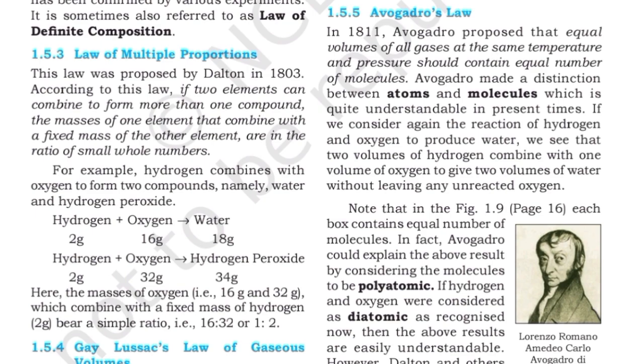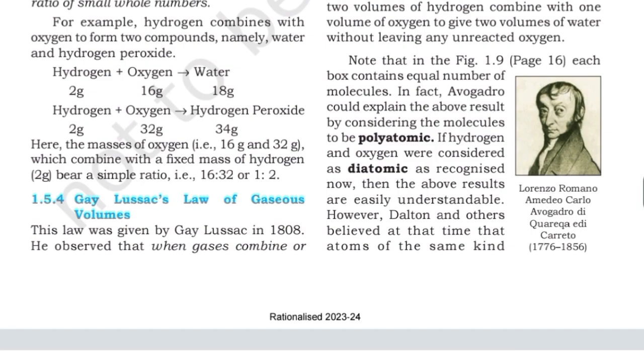Avogadro made a distinction between atoms and molecules, which is quite understandable in present times, if we consider again the reaction of hydrogen and oxygen to produce water. We see that 2 volumes of hydrogen combine with 1 volume of oxygen to give 2 volumes of water, without leaving any unreacted oxygen. Note that in figure 1.9, page 16, each box contains an equal number of molecules.